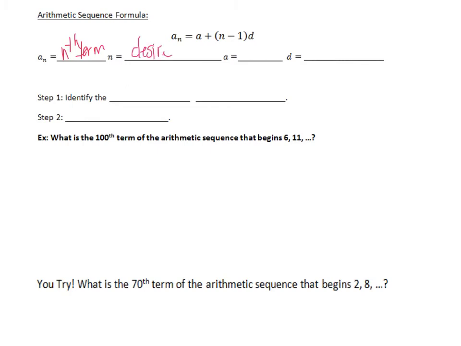So if you're trying to find the 10th term, it would be A sub 10, and N would represent 10. A represents, and you'll usually see it as A sub 1. So we'll put a little 1 right there, A sub 1. A sub 1 represents the first term. And D, as you already know, is your common difference.